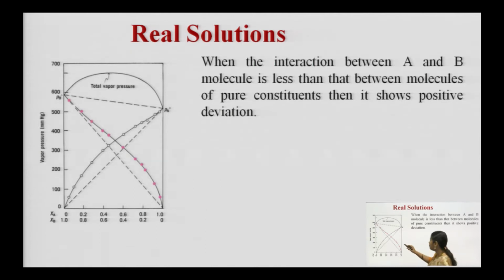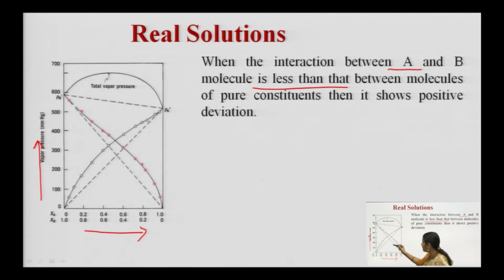In the case of positive deviation, the interaction between the molecules A and B is less than the attraction force between the molecules of the pure constituents. Here again you can see that we have plotted vapor pressure on the y axis and composition on the x axis.